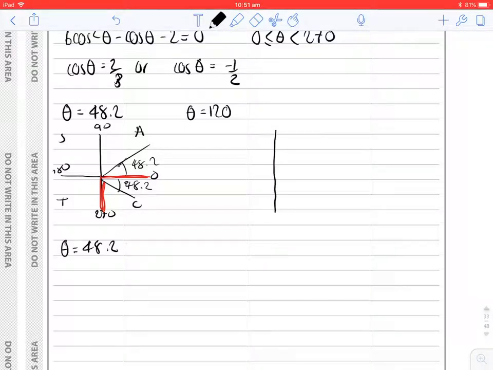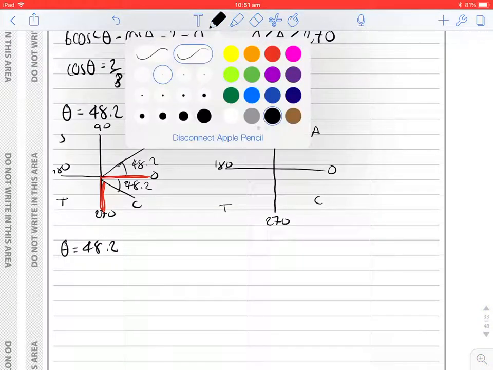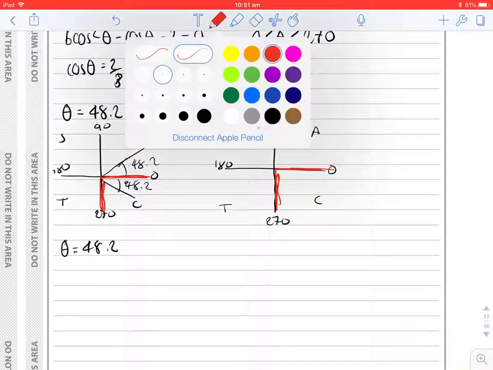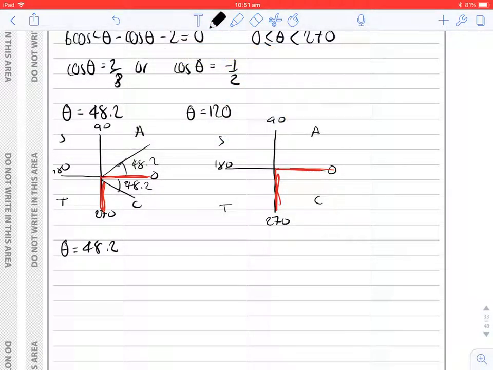Looking at 120, we draw our CAST diagram again, CAST, 0, 90, 180, 270. Put our start line and our finish line in here. This time we've got 120 degrees, so we're going to be in this quadrant, but we don't want the 120 degree angle, we want the acute angle formed with the x-axis.